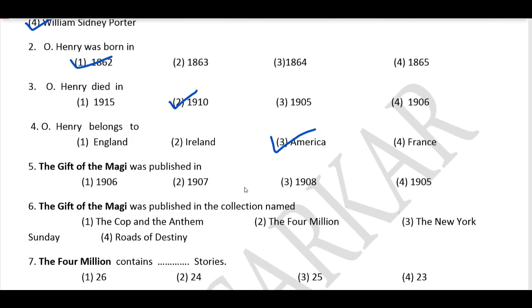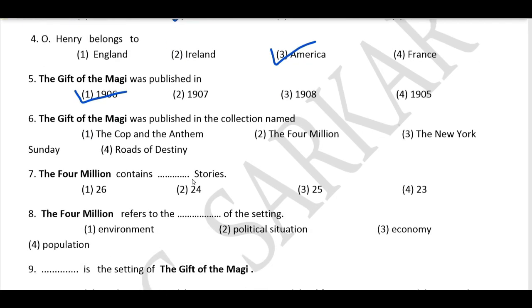Then number 5, The Gift of the Magi was published in, it is 1906, and it was published in the collection named The 4 Million. So the correct option is 1. Then number 6, The Gift of the Magi was published in the collection named, so it is already told, The 4 Million.